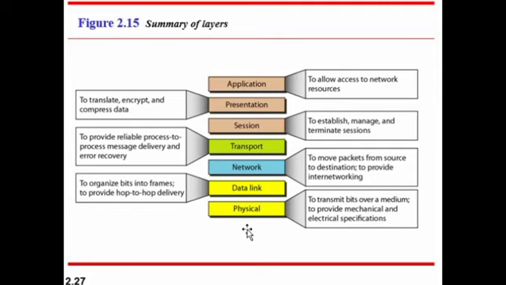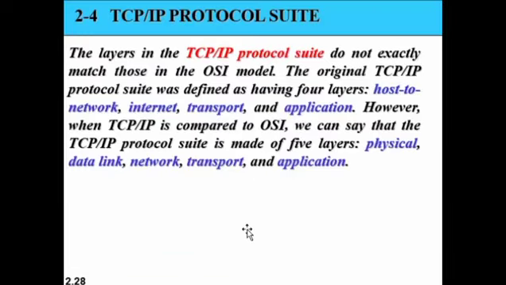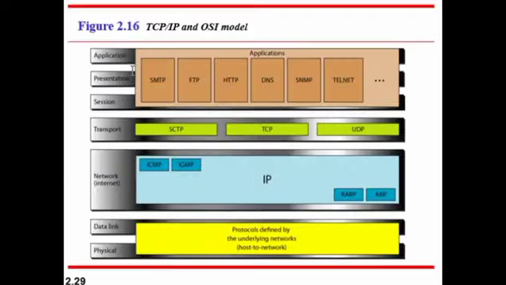Now we will discuss some protocols of all the layers. You can see that the layers in the transmission control protocol, IP protocols do not exactly match those in the OSI model. So just skip this and we will come directly to the protocols of all the layers, right?